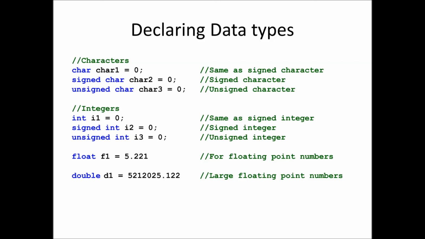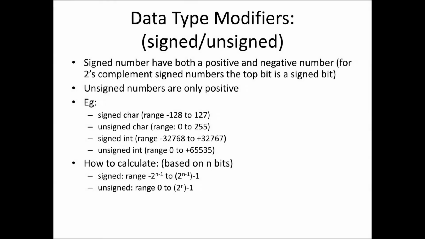If we want to declare a signed character, we say char character 1 and we set it to 0, an initial condition. It's exactly the same in practice as saying signed char character 2 equals 0. Then if we want to do it unsigned, we say unsigned char character 3. So we have the options there.